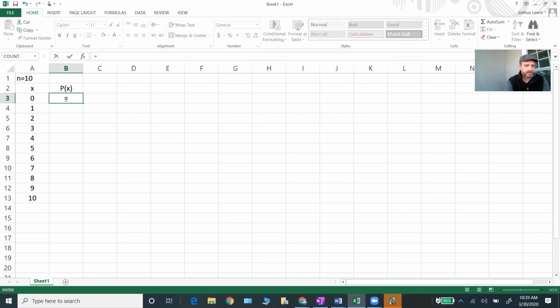Now, my probability, this is binomial, so I'm going to compute, right, my x will be, in this case, a 3, the number of trials is 10, and I don't want cumulative, right? I want the individual probabilities. So I'm going to call that false this time.